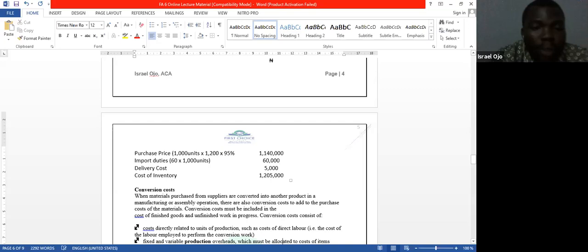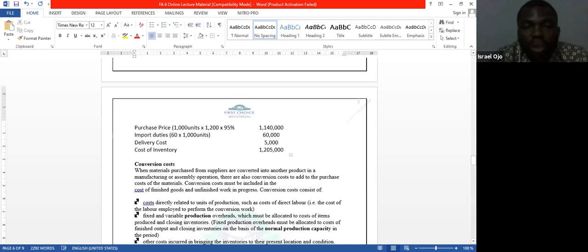Conversion cost arises when material purchased from suppliers is converted into another product in a manufacturing or assembly operation. There are also conversion costs to add to the purchase cost of the material.